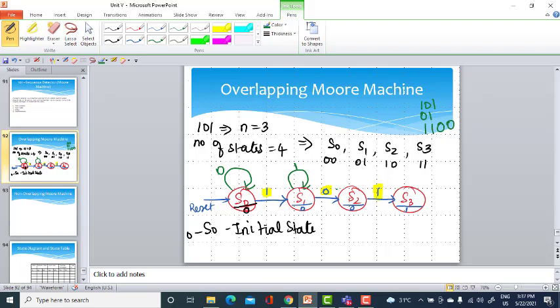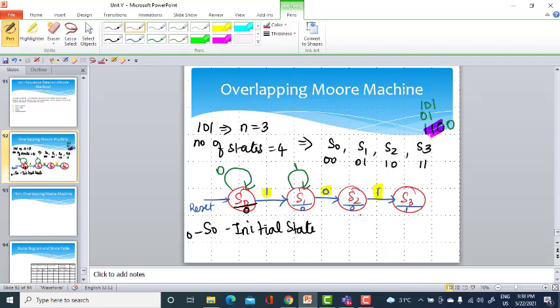When you consider the last bit of the previous sequence to be the first bit of the next sequence, then it is said to be the overlapping model. See here, 3 bits you have already diagnosed. The last bit of the first sequence is 0. When you consider this as the first bit of the next sequence, that is said to be the overlapping model.